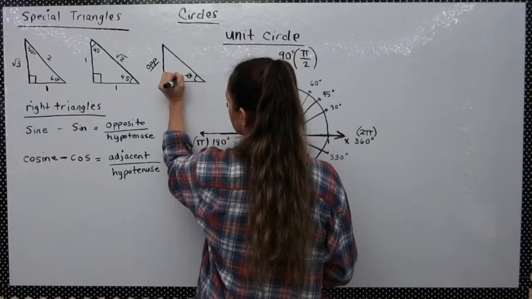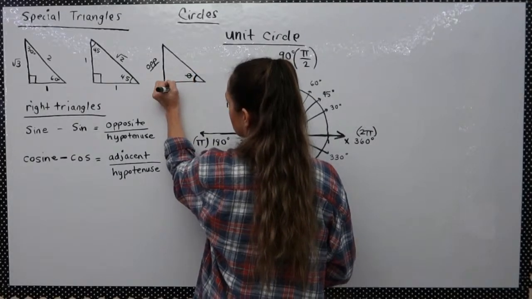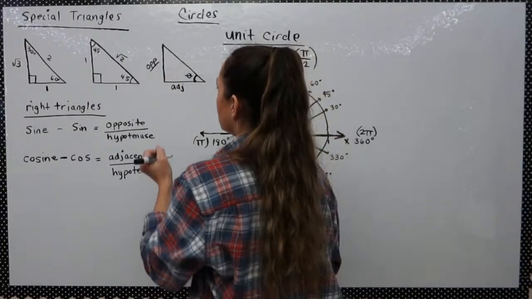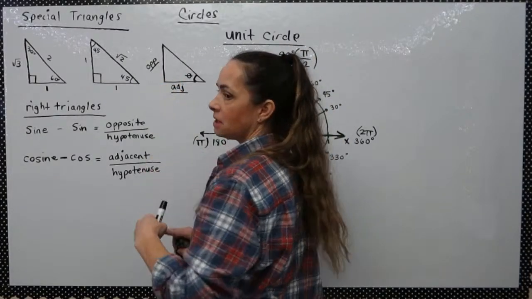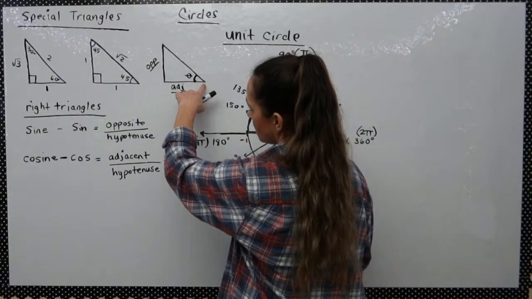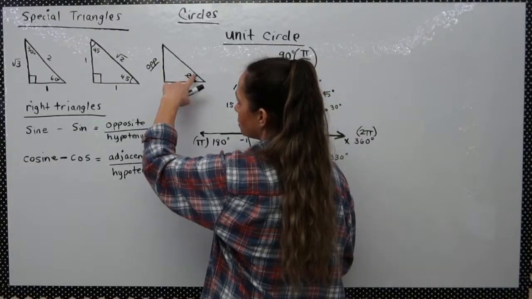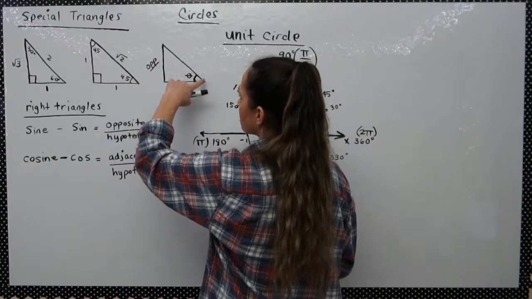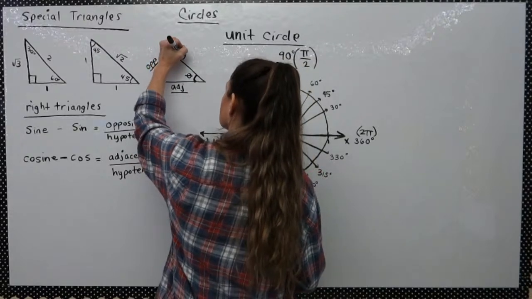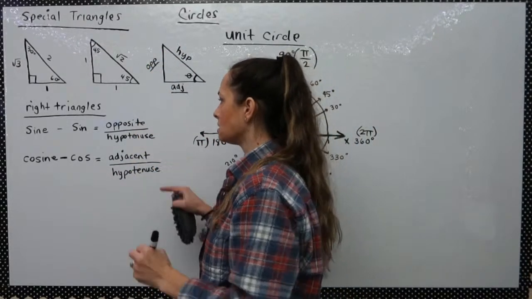And then this side right here, right next to it, is adjacent. It'll be abbreviated ADJ. And adjacent means next to. So it's the side next to the angle, and the side opposite your angle is the opposite side. The longest side in your triangle is always your hypotenuse. Okay, so that relationship is how they find these.